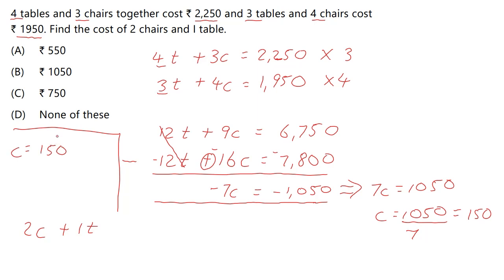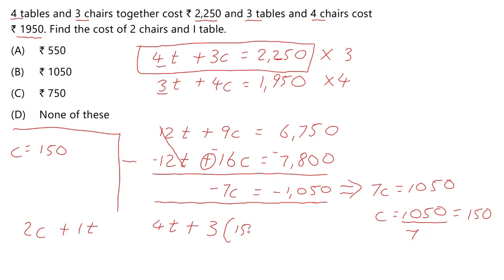But I now need to substitute it into one of the original equations. Let me substitute it into this equation. I do not know what 4t is, but instead of writing c, I'm going to open brackets and write 150, equal to 2,250. So I end up with 4t plus 450 is equal to 2,250.